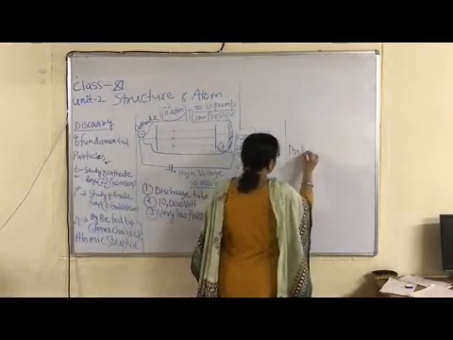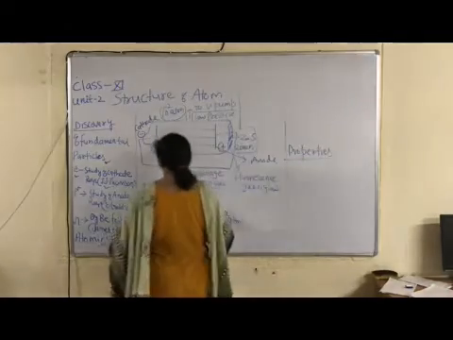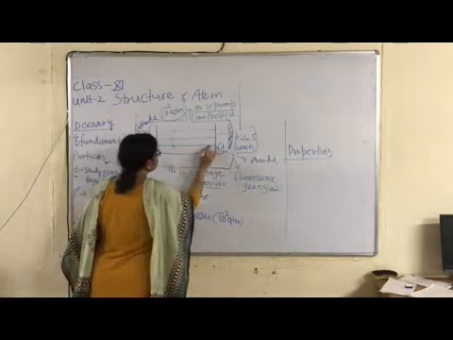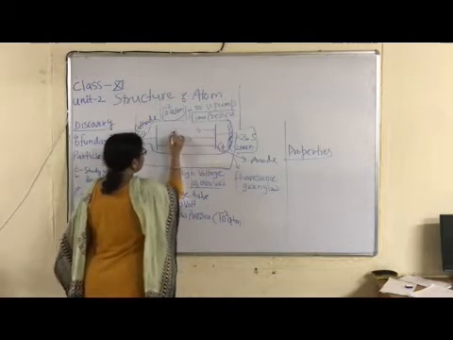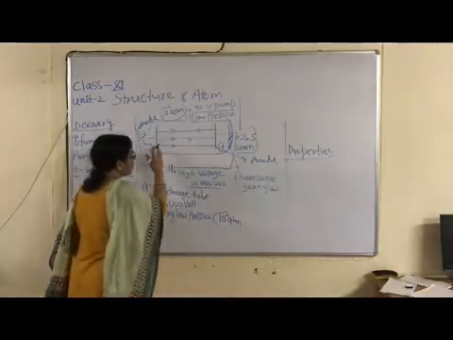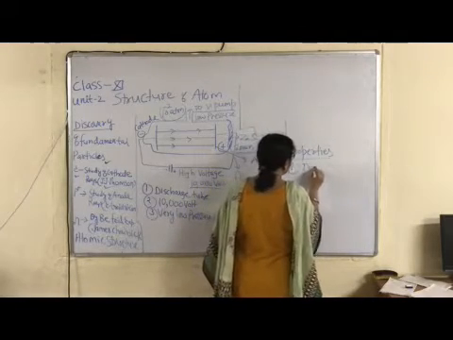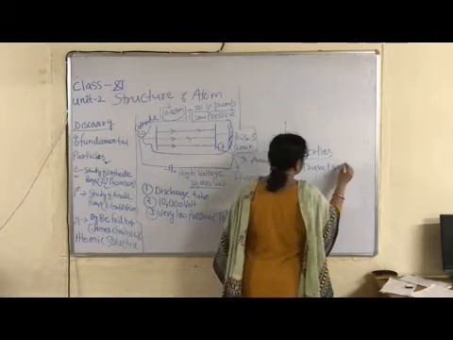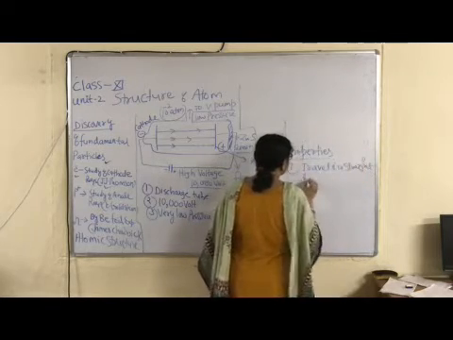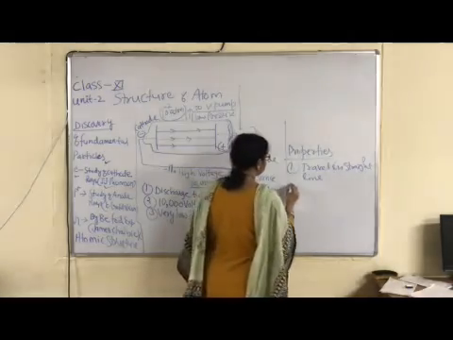Now, properties of cathode rays. Which common properties are shown by cathode rays? First, cathode rays travel in a straight line. This arrow is showing the direction of movement of cathode rays from one electrode to another. They always travel in a straight line. The direction of movement is always linear.